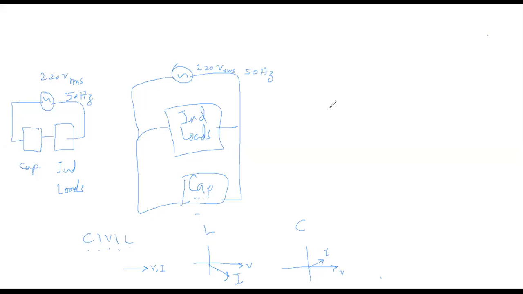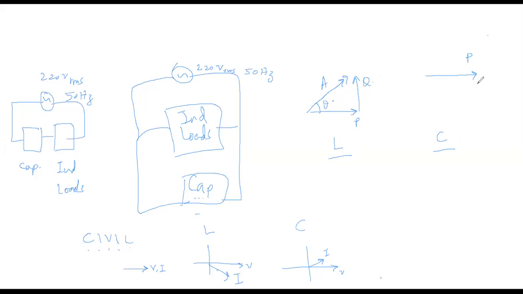Now, for an inductor, this is the same power triangle. We say that its reactive power is in this direction, this is your real power, this is your theta. So let's say this is the power triangle for an inductor, then the power triangle for the capacitor looks like this.